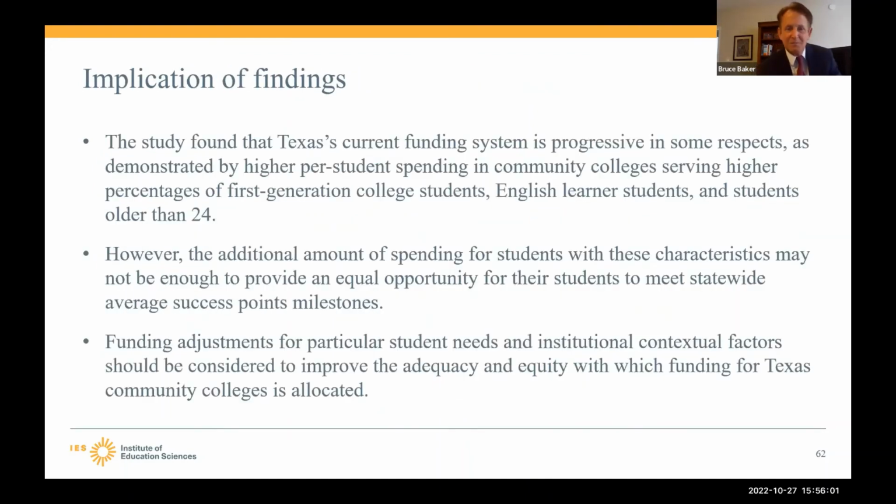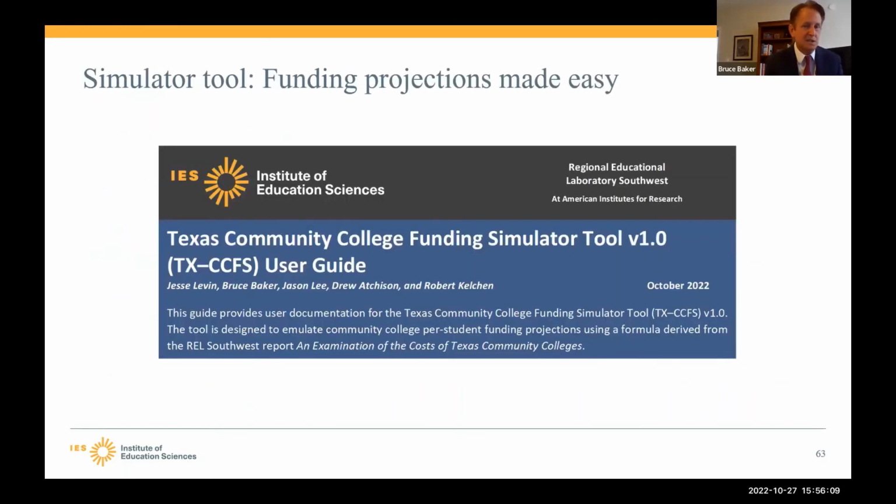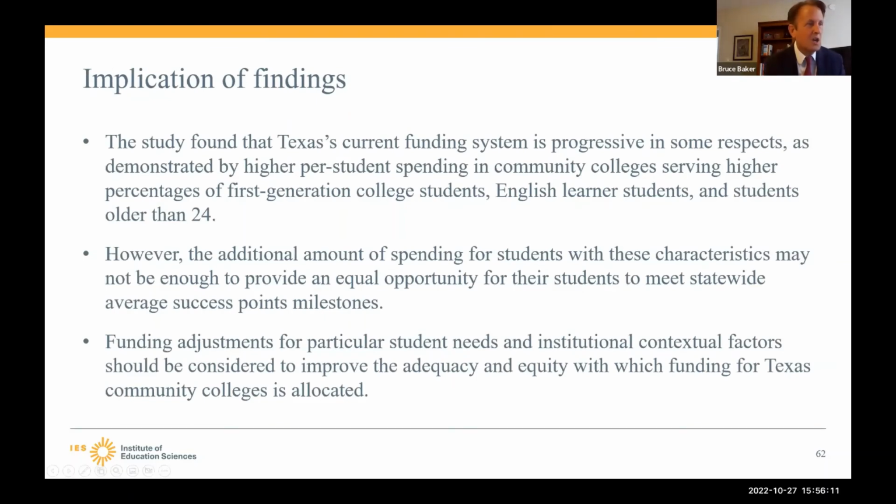So again, on the analysis of existing spending, we found a bit of a mixed bag: the current funding system is progressive in some respects and not so much in others. However, the additional amount of spending for students with any of these characteristics may not be enough. But then we estimated that cost model, which told us how much would be needed in different circumstances for different students.